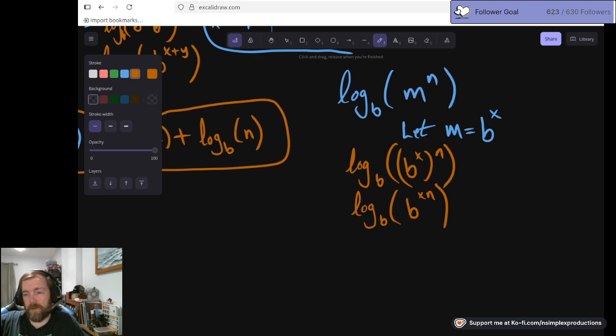Our exponents are going to be products of our exponent, an exponential raised to an exponent. So this is log base b of b to the xn.